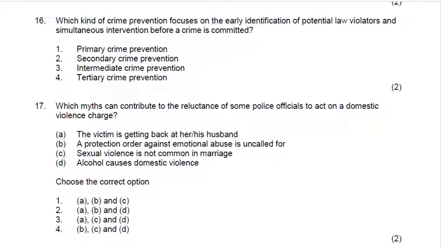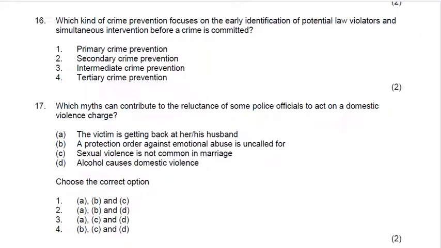17. Which myths can contribute to the reluctance of some police officials to act on a domestic violence charge? The answer is 1, which is A, B, and C, which reads as A. The victim is getting back at her husband.